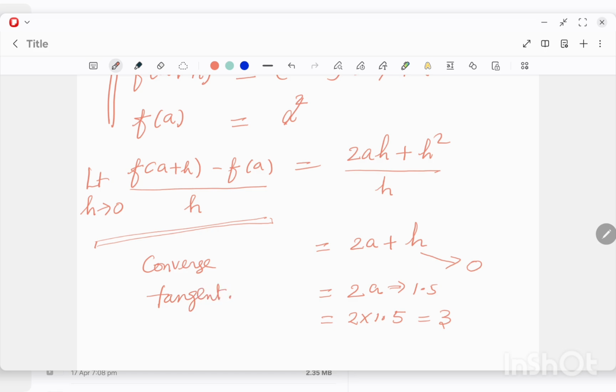So this is one such example where we can understand the derivative.